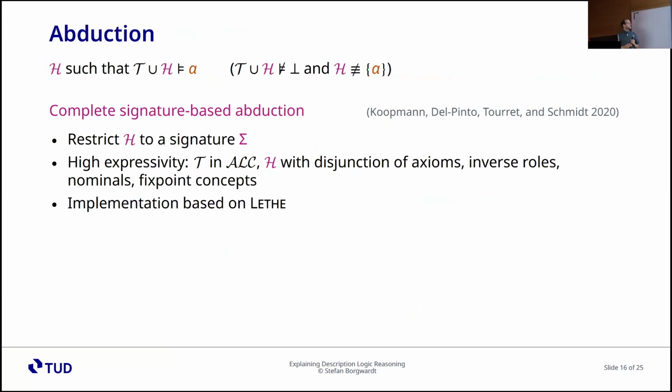And for this abduction approach, there are also different methods that exist. For example, the ones that we used in the end were based on Patrick's work on complete signature-based abduction, where the idea is that you restrict the hypothesis to a signature to make it not trivial, for example, by not just allowing the hypothesis to contain the entailment itself.